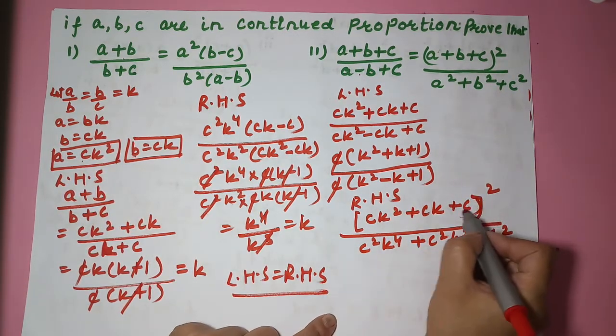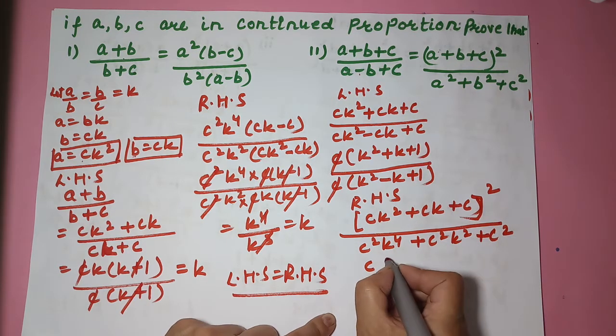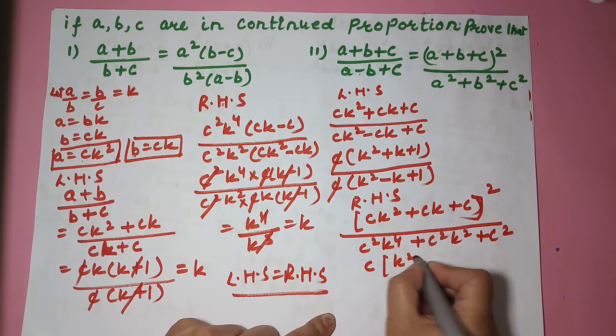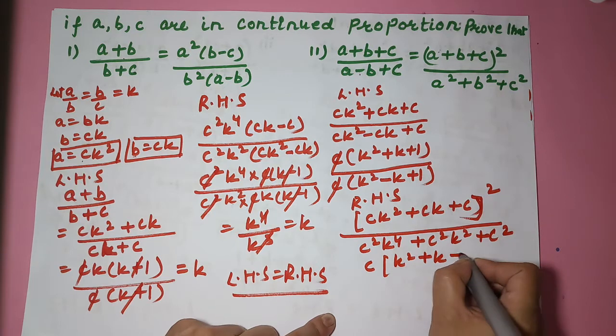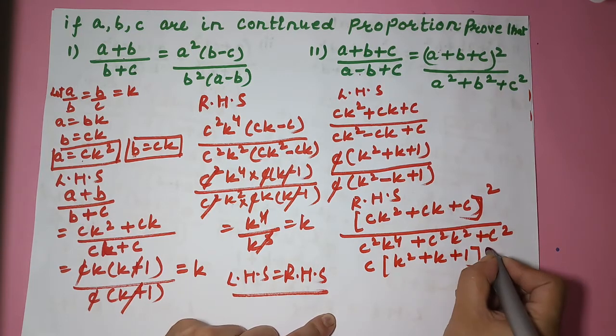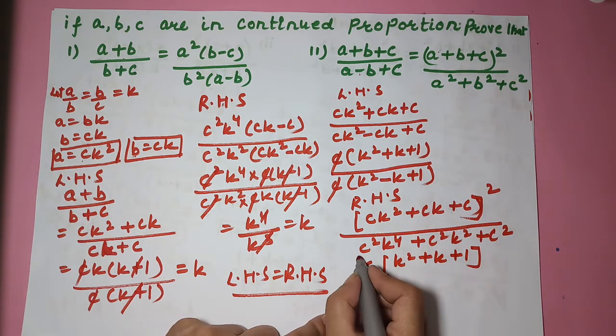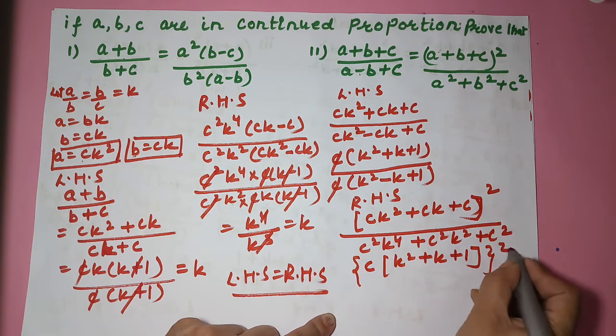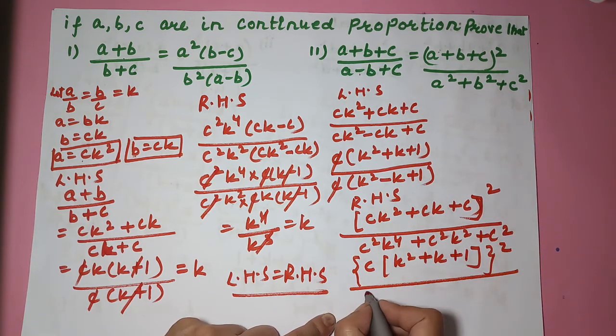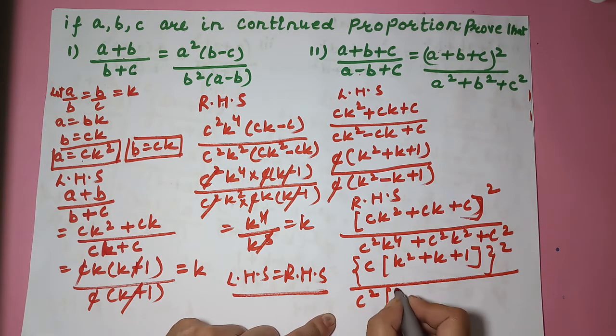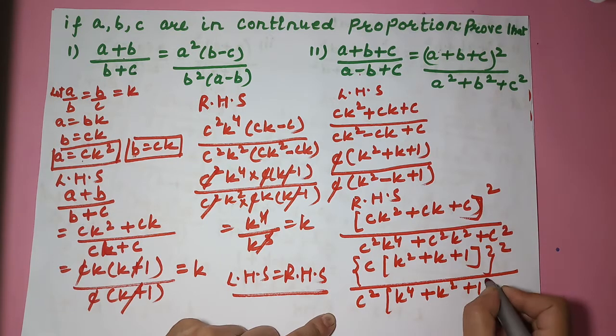Now here I can take c common, so I will get k square plus k plus 1. This is inside the whole square, and in the denominator I can get c square common. I will get k^4 plus k square plus 1.